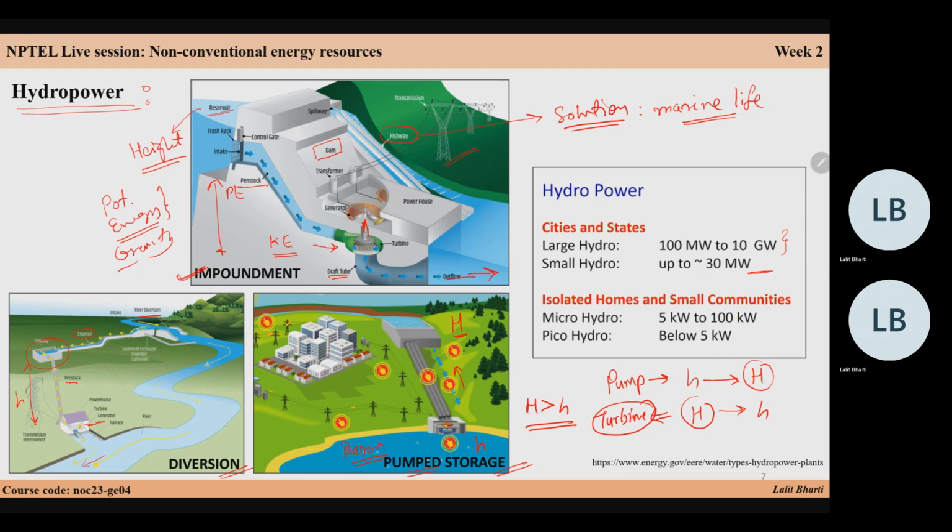And when the energy is in excess, you can pump the water back from the lower reservoir to the higher reservoir. So this works as energy storage. So this is a kind of large scale energy storage device. So this is all about hydropower.